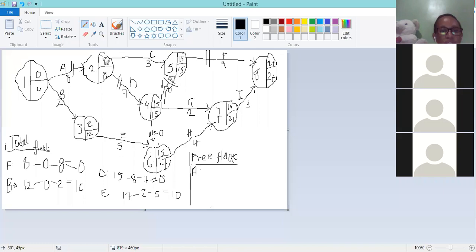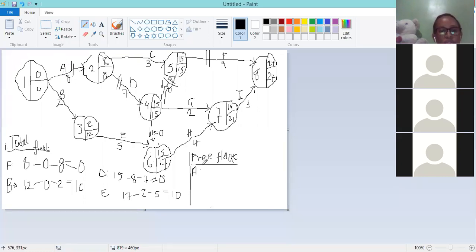We are going to take the earliest event time of the event marking its end, in my case event number 2, and subtract the earliest event time of number 1. Then we also subtract the duration of that particular activity.